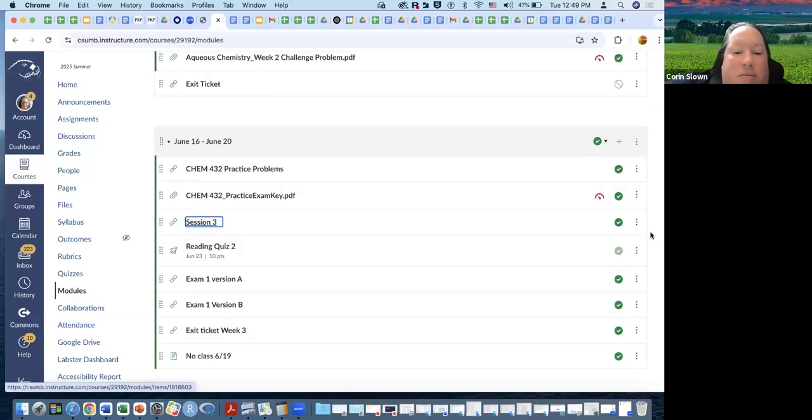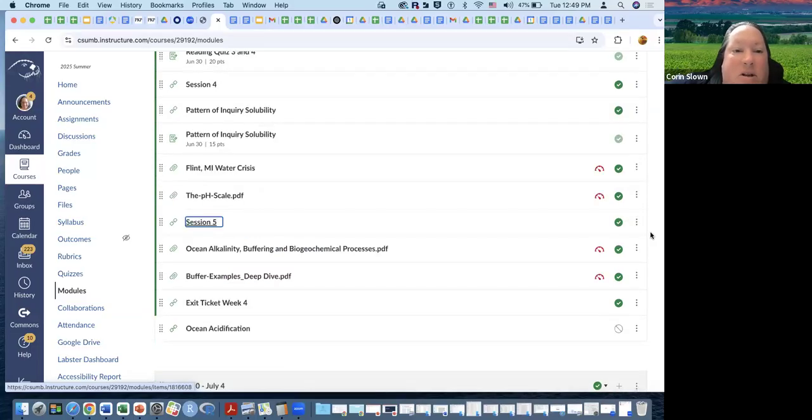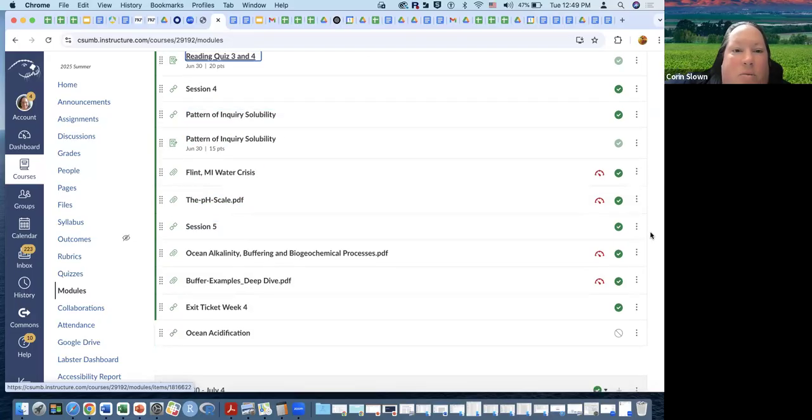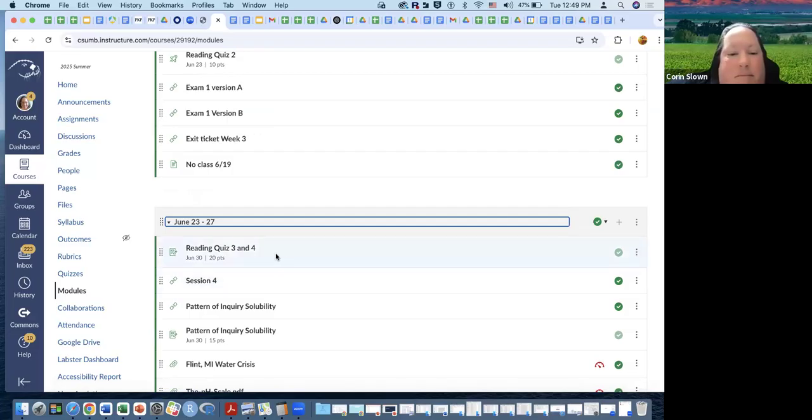All right, so last piece for us to take a look at. I know that you all had your reading quiz that's due today. That was a combination of kind of the two articles. So you could choose either Flint, Michigan, or the article about ocean acidification.